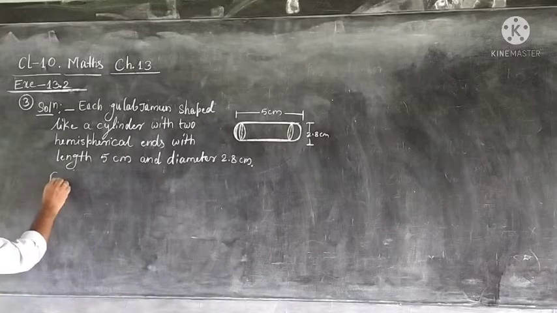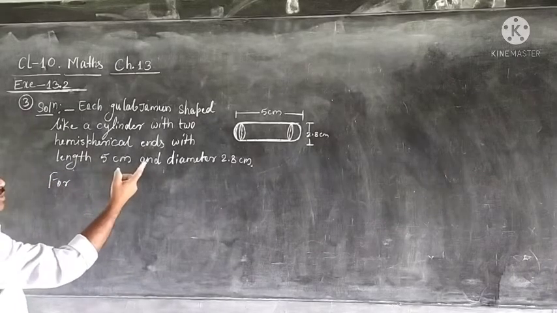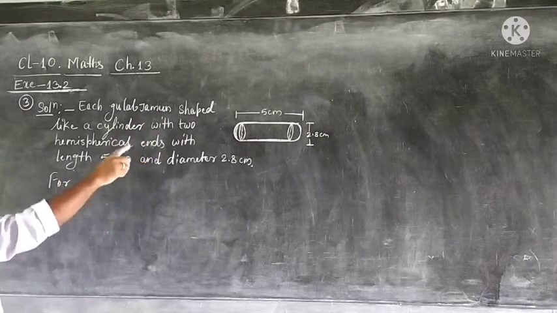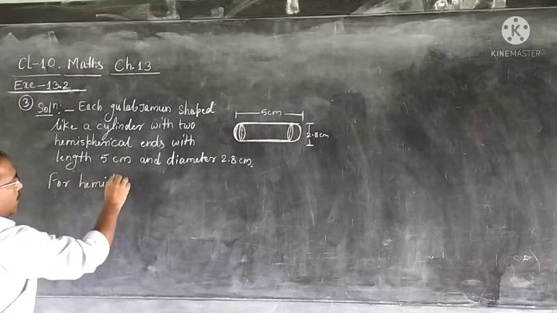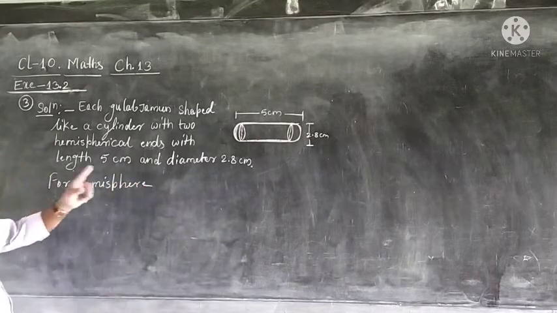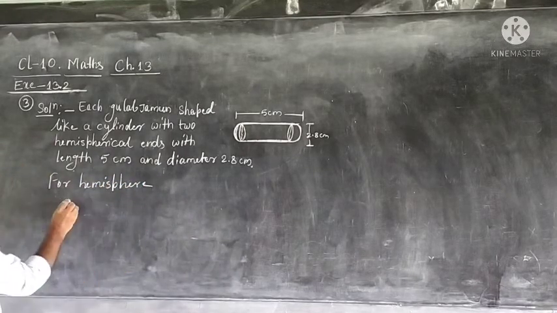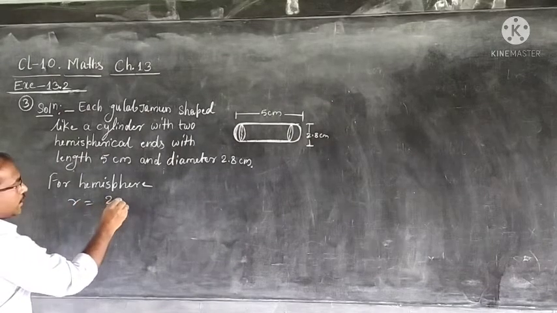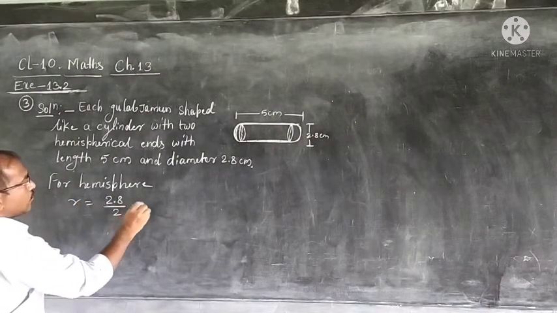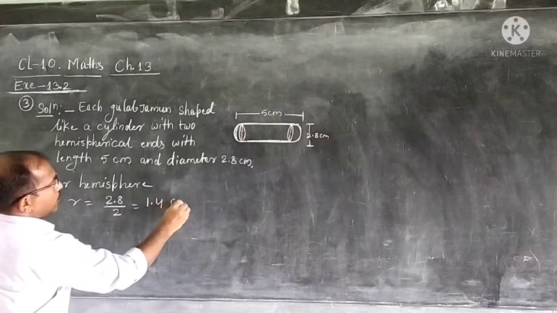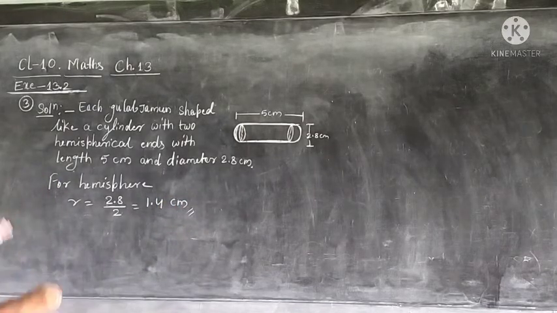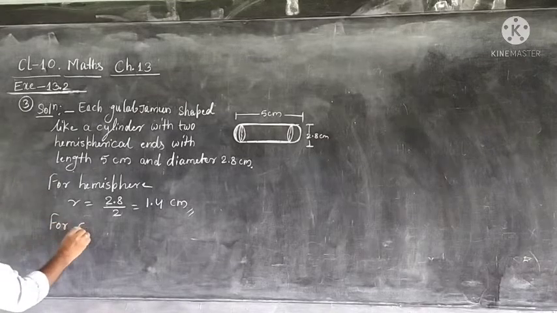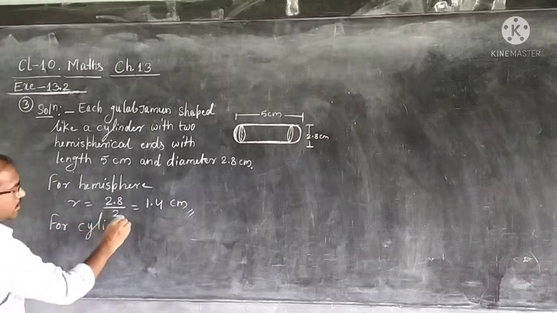So, let us go for the hemispherical portion. For hemisphere, diameter is 2.8. So, radius will be 2.8 by 2, that will be simple 1.4. For hemisphere we need only one radius, that is all. Then for cylindrical portion, we just write for cylinder.